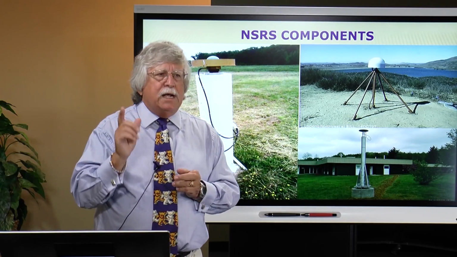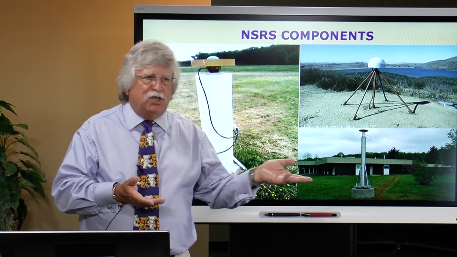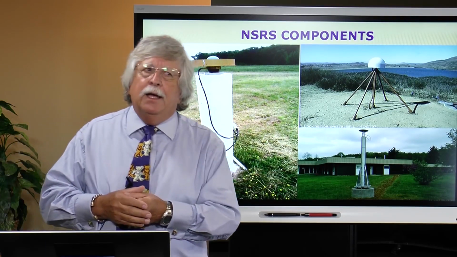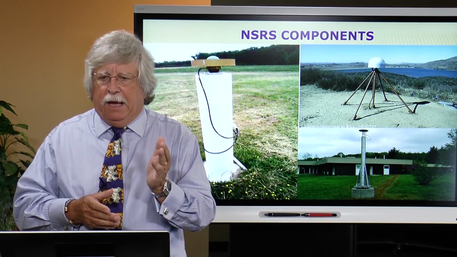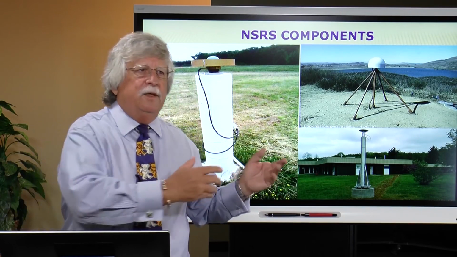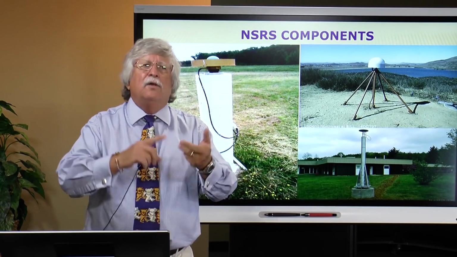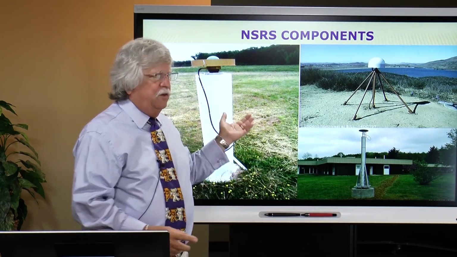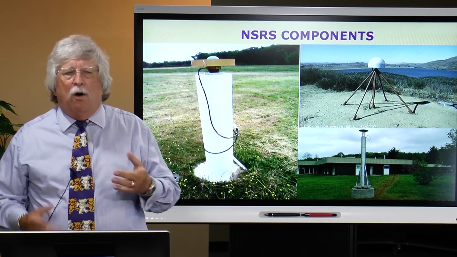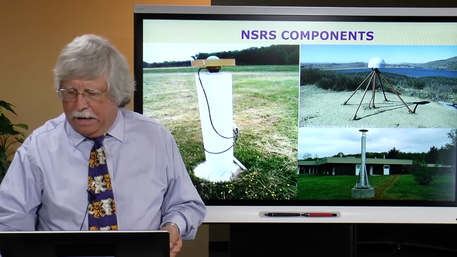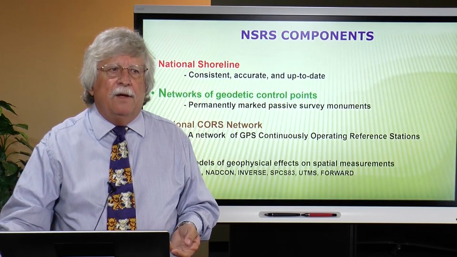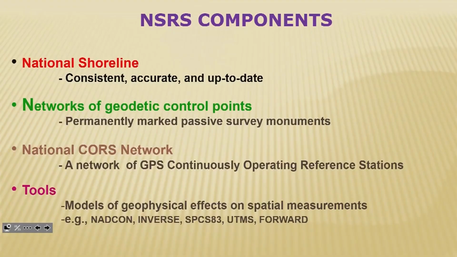Now, one of the nice things about this is this institution, the National Geodetic Survey, really tries to stay on top of this game. And as part of these elements that I've shown you, the national shoreline, the passive marks, the active marks that you see here, they also provide all of us with a great array of utilities that we can use, models and tools.